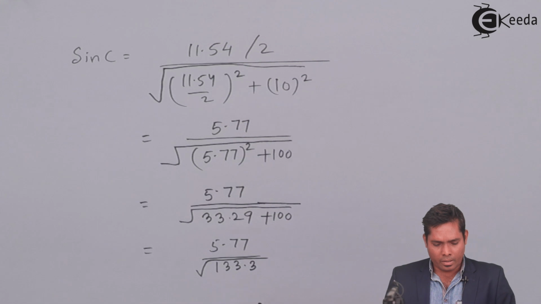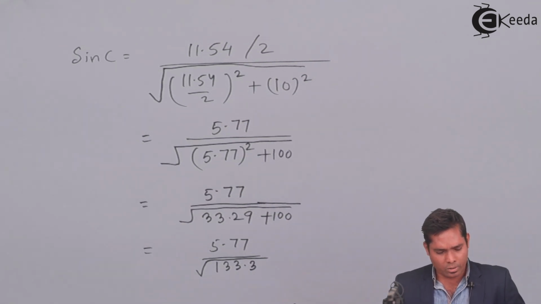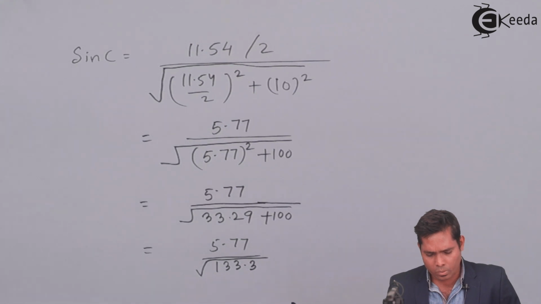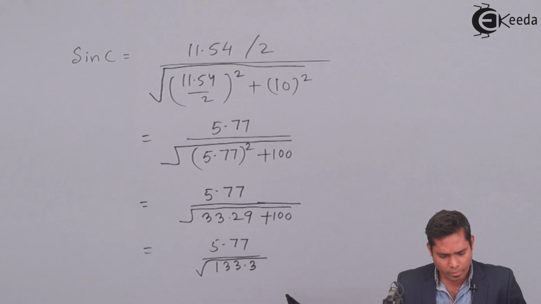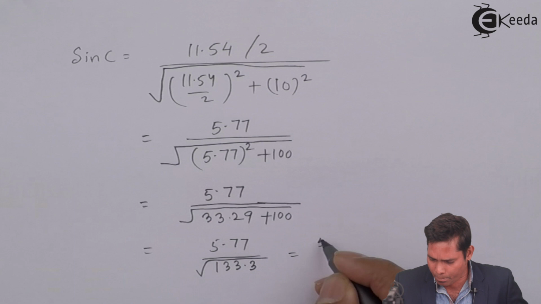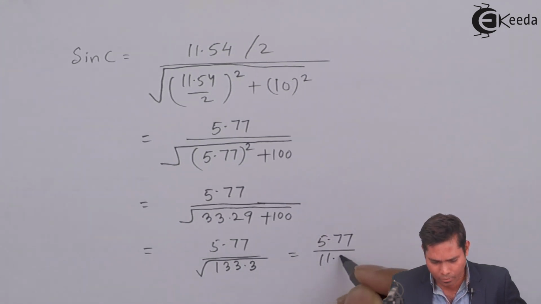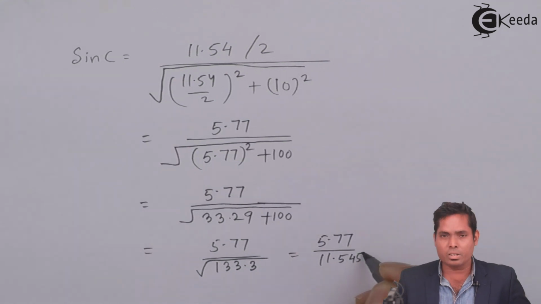Okay, and if I take the square root of 133.3, I have 5.77 divided by 11.545. This is what I am getting.